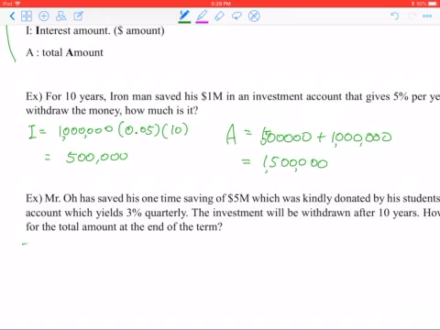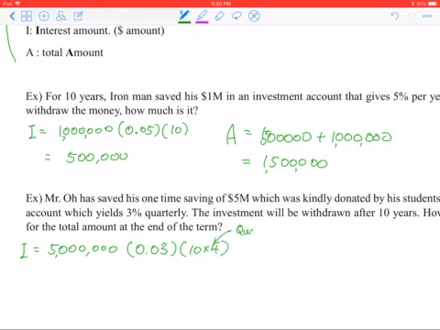So the first interest amount that we have to calculate: he has the principal amount of $5 million, thanks to you guys. And then the interest rate is 0.03. But it says quarterly, it's accumulating every quarter, which is 4 times a year. So it says 10 years, but it's 4 times a year because of the quarterly, right?